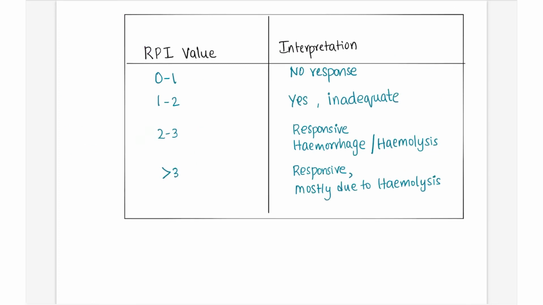After you have calculated the RPI value, you will get a value somewhere between 0 and 3 or 4, and the interpretation is as follows. If the RPI value is between 0 and 1, it indicates that there is no response to anemia.